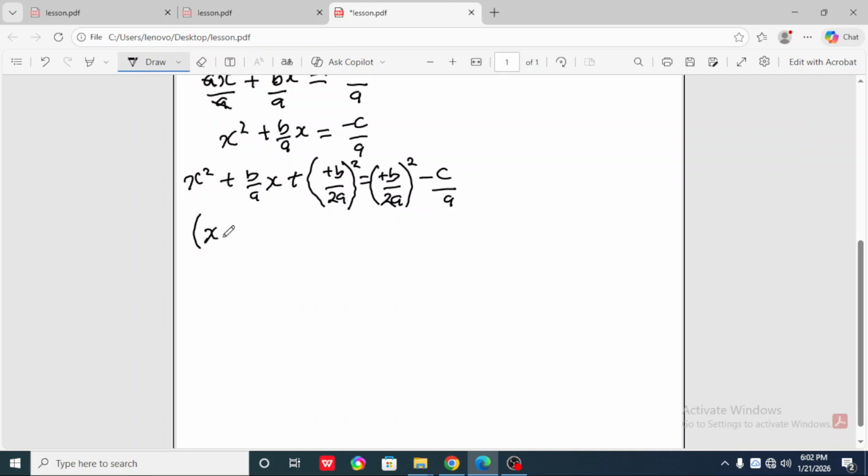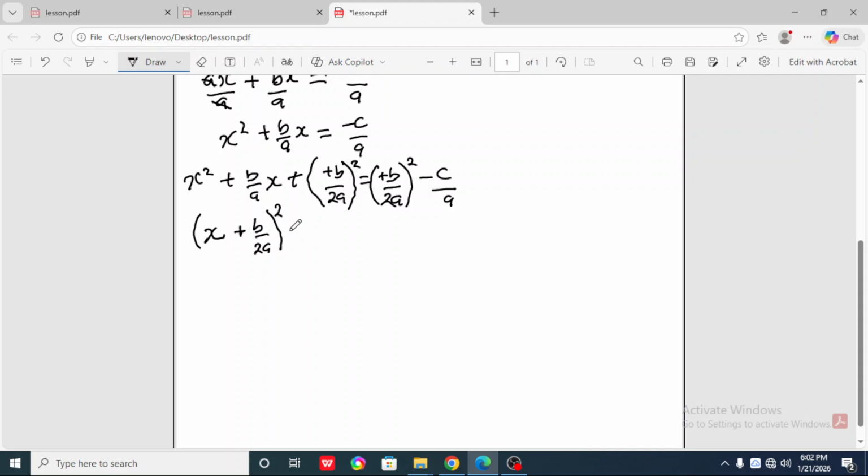I'm going to pick x plus b over 2a squared. That is why I maintain this plus, let it go with it. So that plus is this plus b over 2a, then I'll close bracket. I'm going to square both of them together instead of carrying their individual squares. The implication of this is that if you expand this, you are going to have all this back.